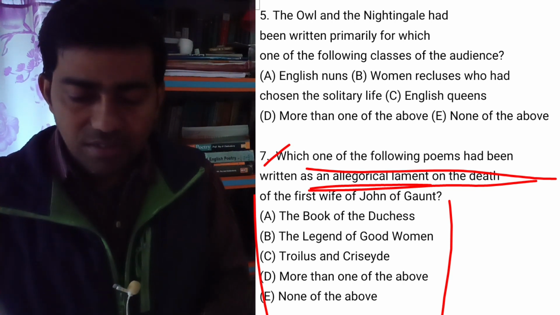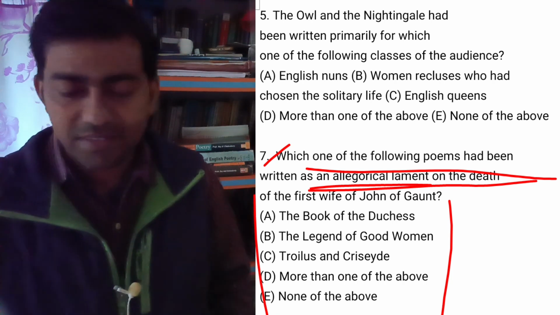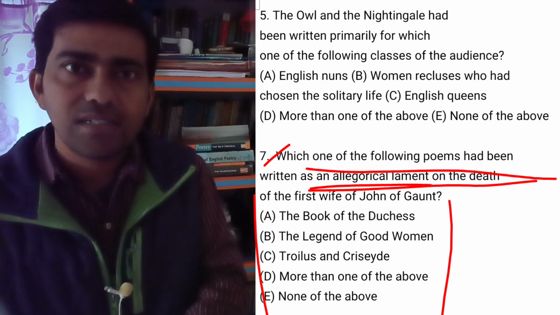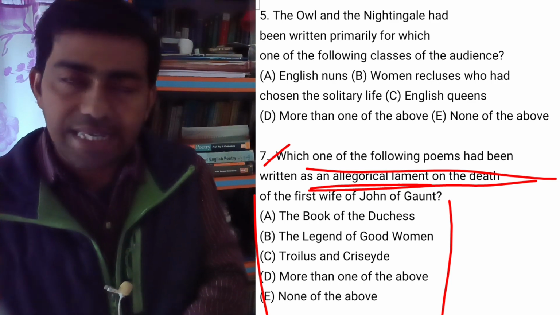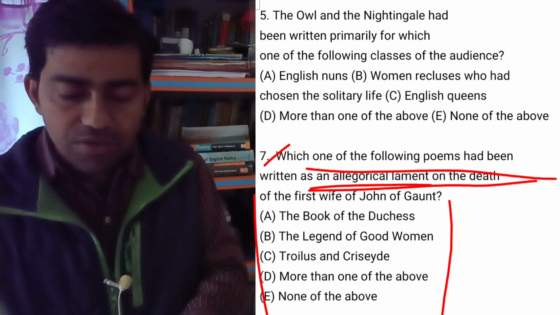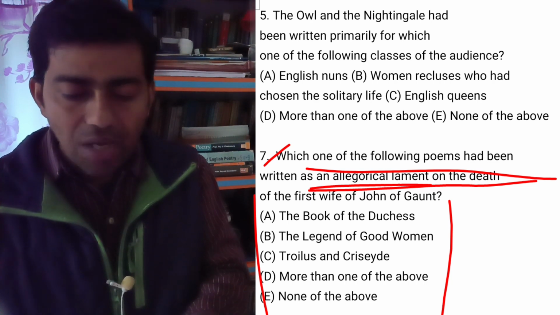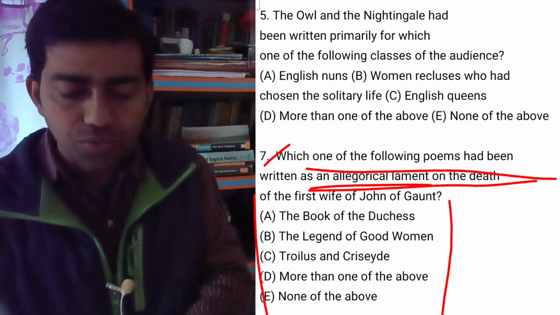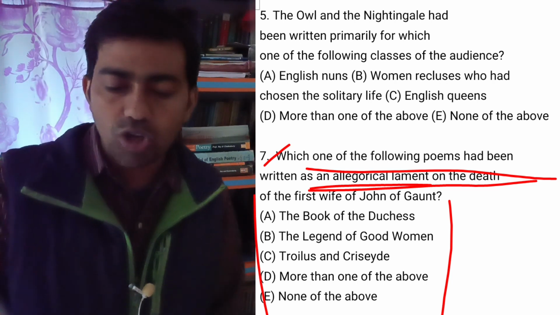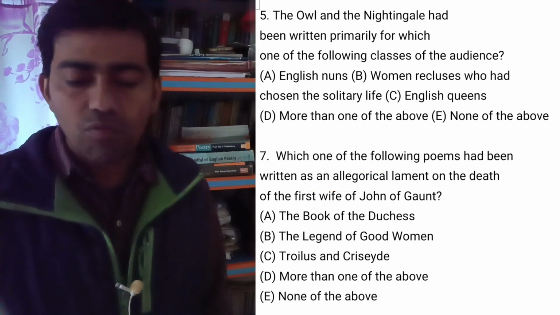So they both ran their lives neck and neck, were born in the same year, and died in the same year. They were very good friends, and one poem had been dedicated allegorically to the death of the wife of John of Gaunt. Which poem is this? The Book of the Duchess, The Legend of Good Women, Troilus and Criseyde, more than one of the above, none of the above.